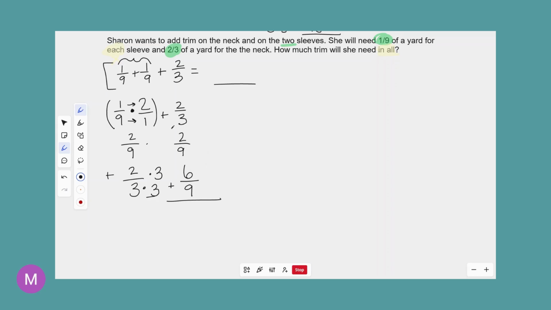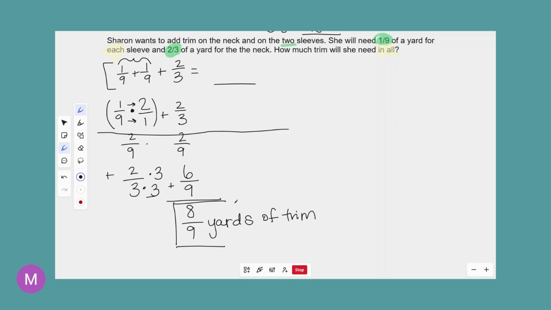So our new problem is, I'm going to separate these a little bit. Okay, so now we have 2/9 plus 6/9. So 2/9 plus 6/9 will give us 8/9. And then we check, can this be simplified? And it cannot. So we know that we're going to need 8/9 yards of trim for this dress.